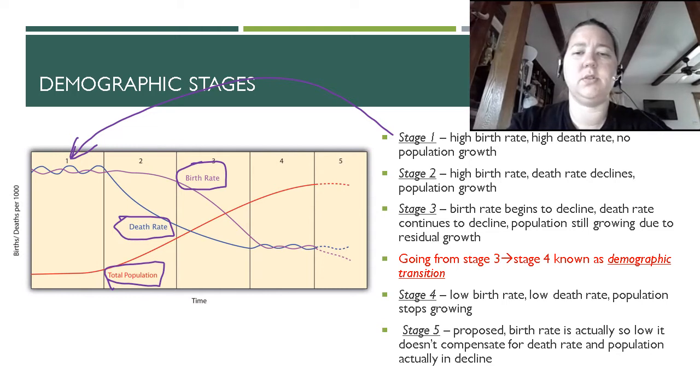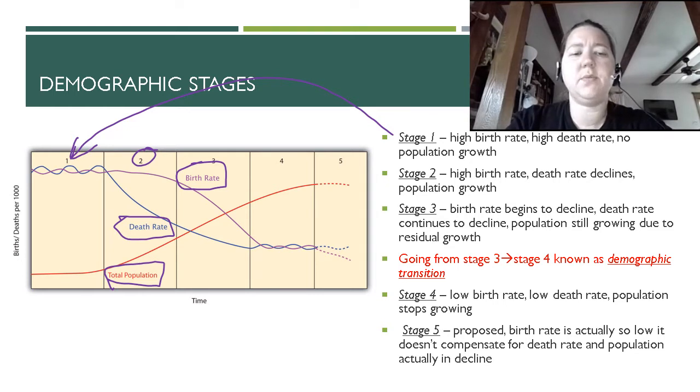In stage 2, we have a high birth rate and a falling death rate. It hasn't gone to an all-time low yet, but it is starting to taper off. And so our population is starting to grow, because we're having a number of births and a lower number of deaths, and so we're getting more people.